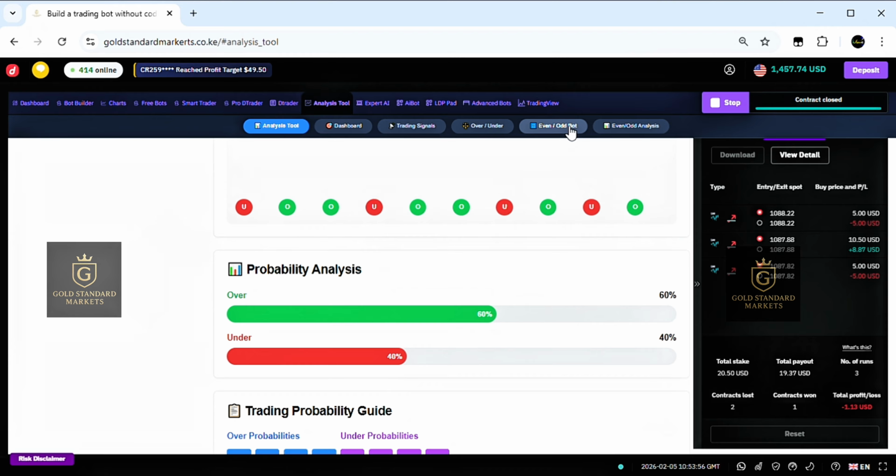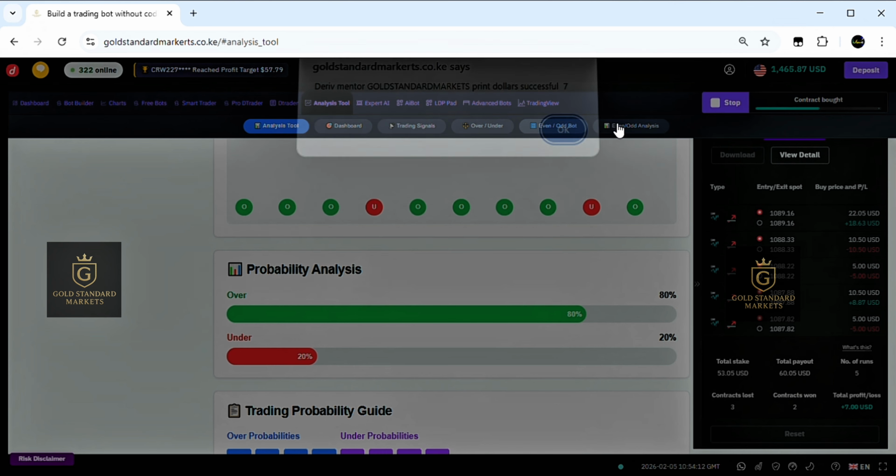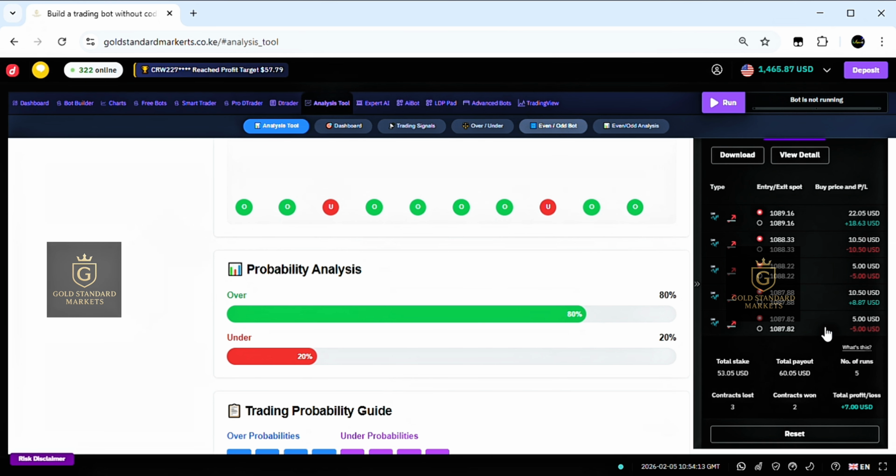Just a few more runs for us to hit our TP. Our TP, like I said, I think is 1,500. So let's see how far we're gonna make this.